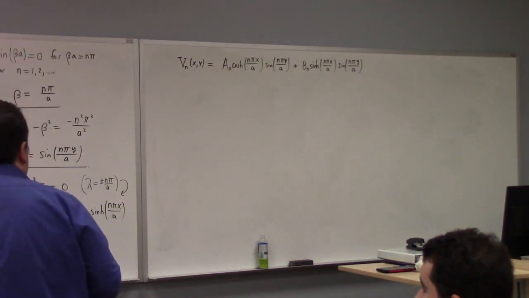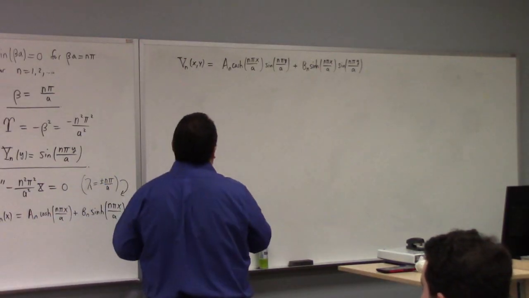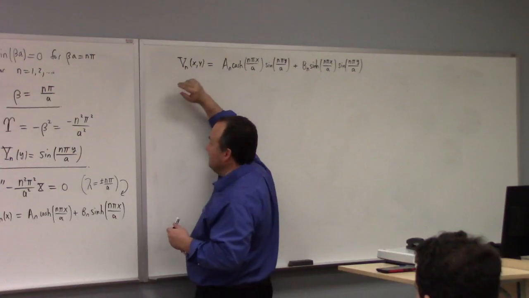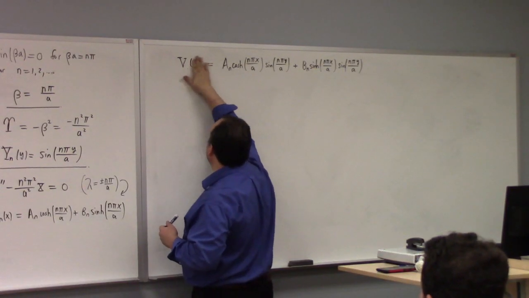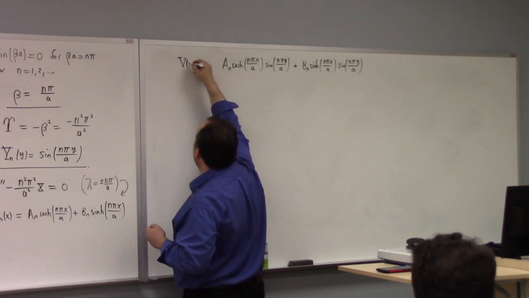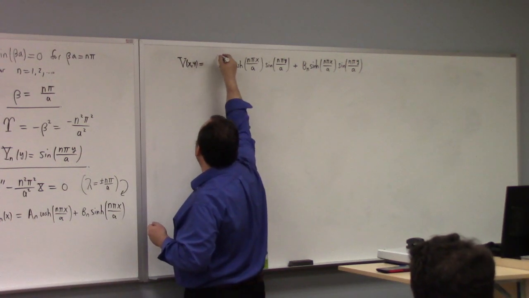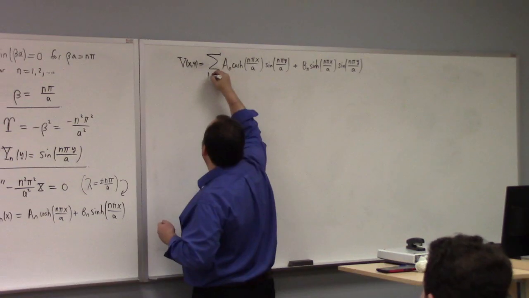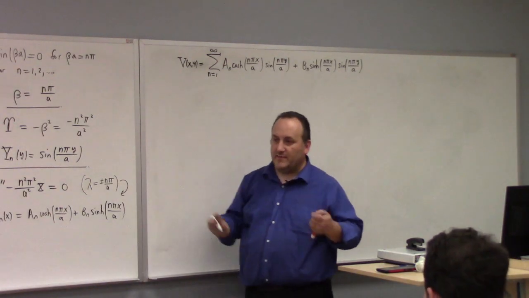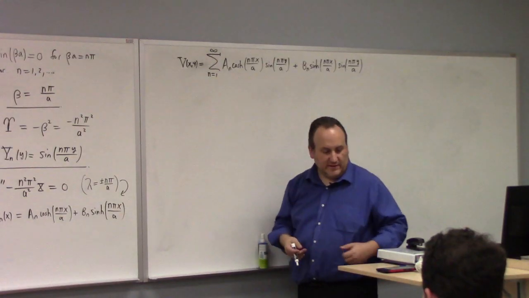Okay, so the next thing we do, guys, is instead of doing this, watch this carefully. We're going to just say, well, if one of them works, let's throw them all together in one big solution. Because we've got linearity, right? If one solves it, then the sum of them also solves it, because Laplace's equation is linear.